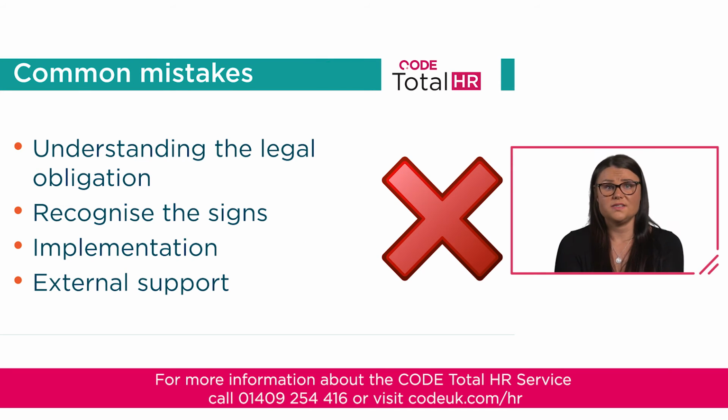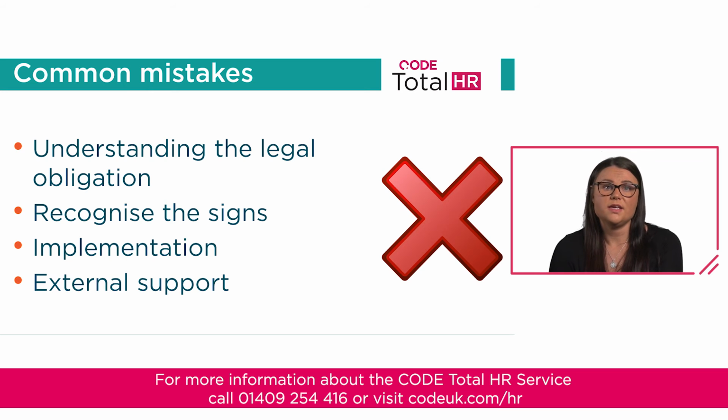So on the back of that, then, some common mistakes. And these are mistakes that we have come across as an HR team, both on the helpline and in other roles. The first one, and the real key one, is failing to understand the legal obligation. So this is failing to have that understanding of the Equality Act and what you're obligated to do as employers.